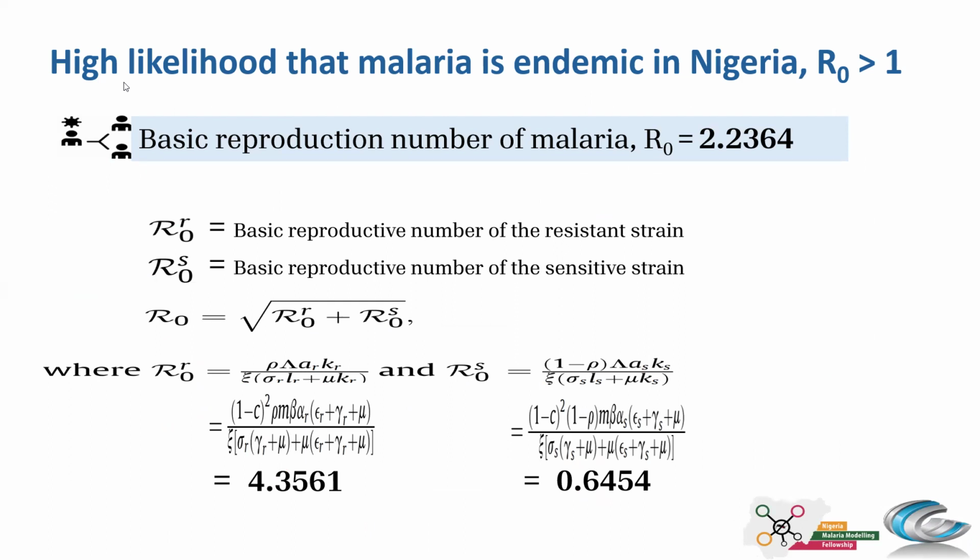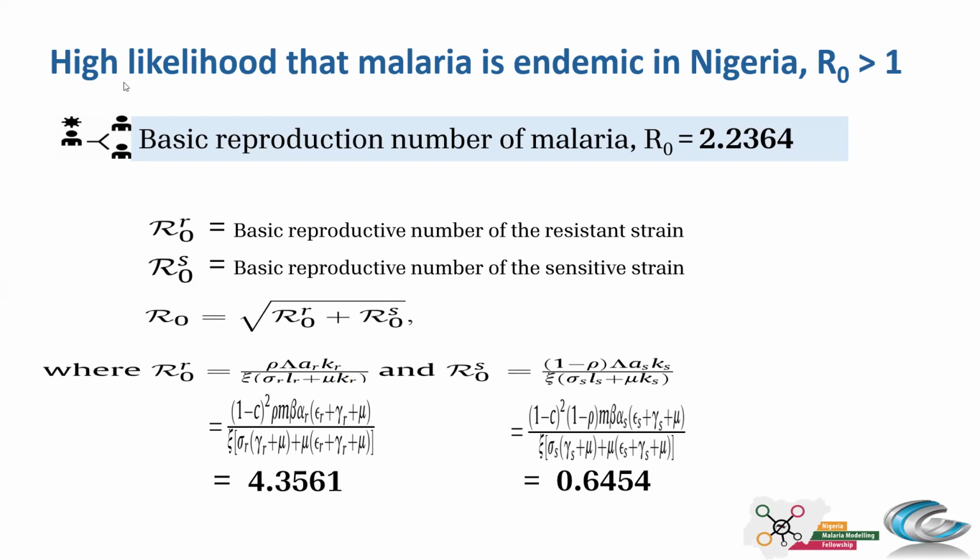And we have it that for malaria in Nigeria, the basic reproduction number is 2.2364. Also, the basic reproduction number for the resistant strain is 4.3561, and the basic reproduction number for the sensitive strain is 0.6454.